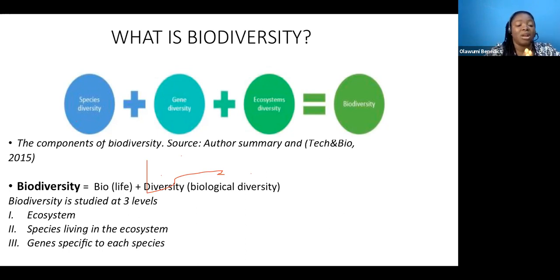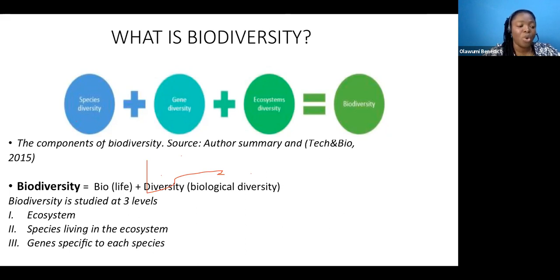They were able to put up this definition and put everything together in a frame. And this convention, like I said, still meets every now and then. And this convention has been able to bring about so many laws that we now use in biodiversity. So in international law, there's a definition of biodiversity, and it's very simple.